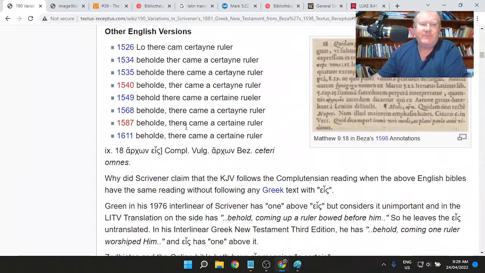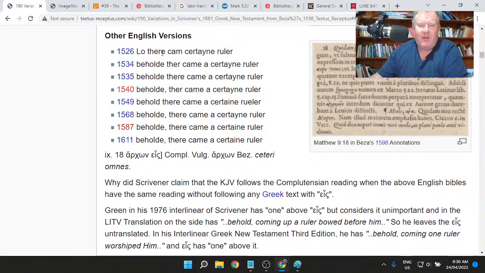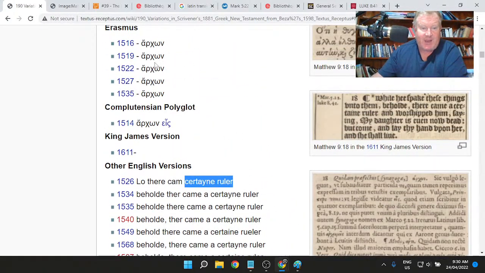So let's have a look. Tyndale: lo, there came a certain ruler. So that certain ruler is simply from looking at, I'm pretty sure, 1522 of Erasmus, it's the archon. It's not archon ice. So he got certain ruler out of that word.